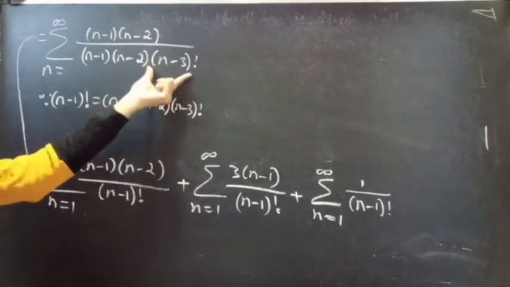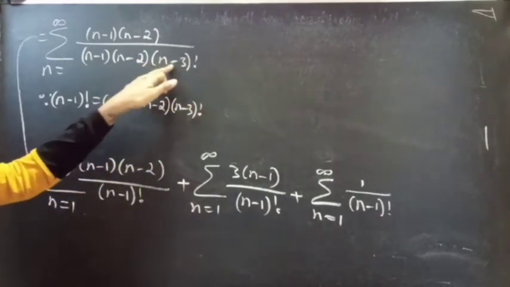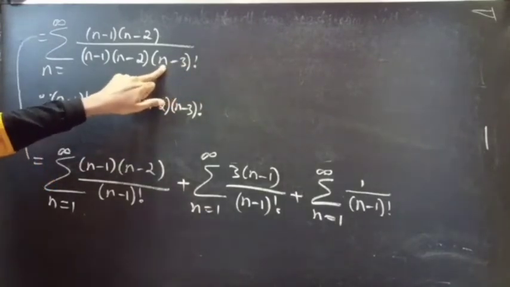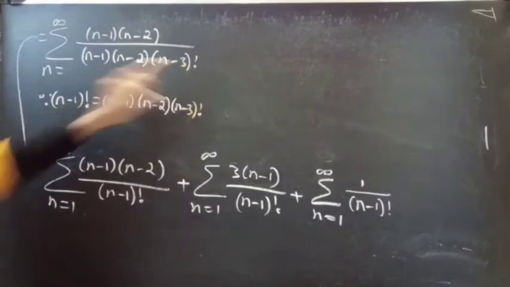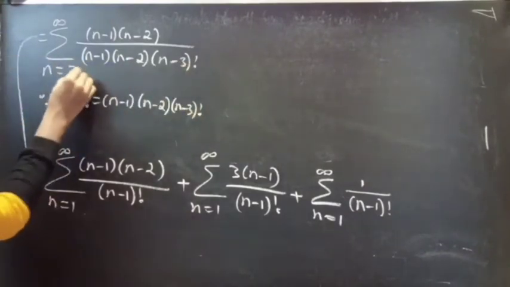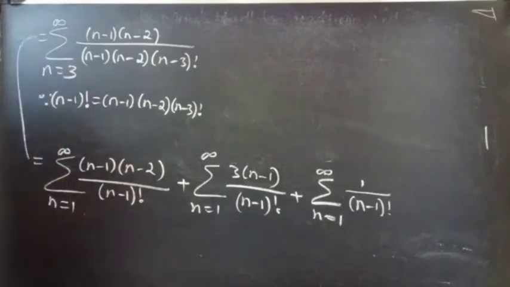In this factorial we are having the number 3, n minus 3. So if we put n equals to 3, then only we'll get 0 factorial. So we'll start from n equals to 3.